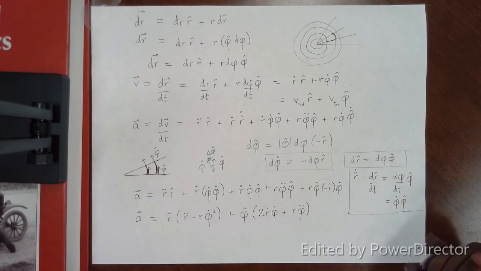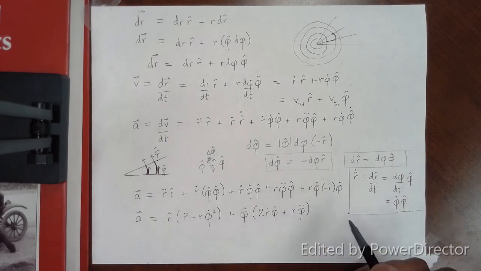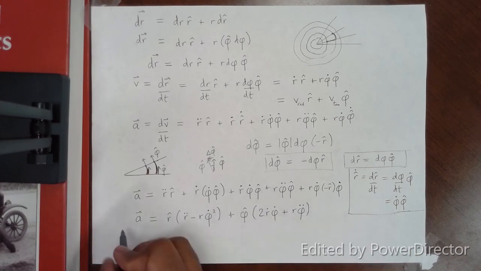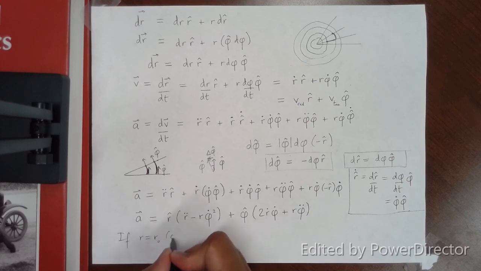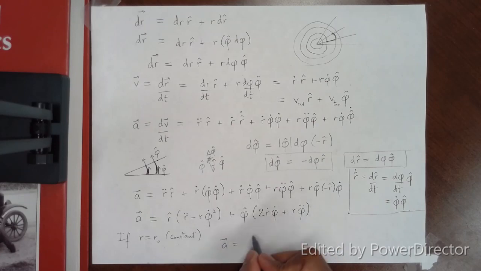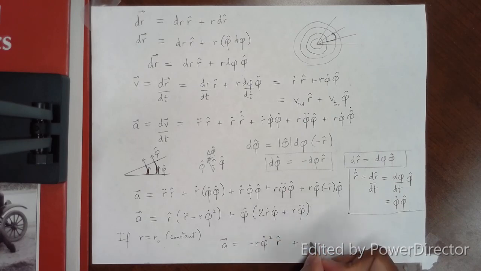So, for example, if we look at motion in a circle, that is motion with constant r, well then, since r is not changing, r dot goes away, r double dot goes away, and so if r is equal to r naught constant, then a is equal to minus r phi dot squared r hat, plus r phi double dot phi hat.